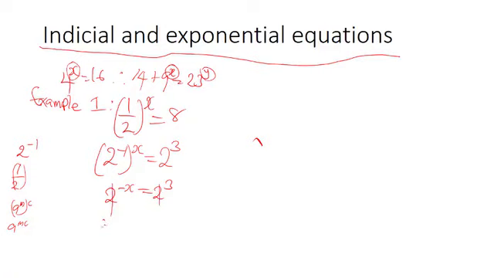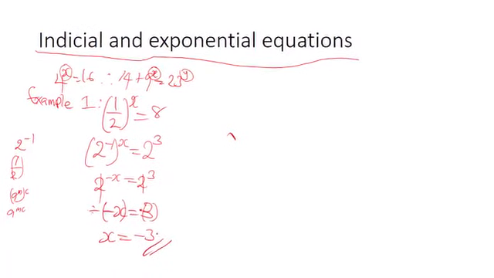So with this, minus x is equal to 3. But we are not looking for minus x. What we are looking for at this point is x. So in order to remake this, we multiply both sides by minus. Minus times minus makes x plus, and this is minus 3. So our value for x now is equal to minus 3.